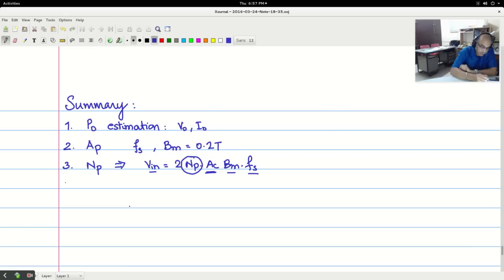Calculate this. Then afterwards calculate Ns using Ns by Np equal to N, and N is a design spec again, because we would like to use it in N Vin into D, which is equal to V naught. So V naught is a spec, Vin is a spec, and D and N will come into the picture there. So N can be a designer's choice.